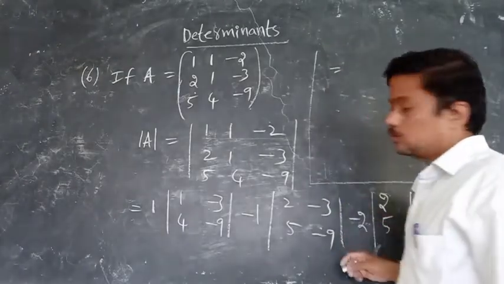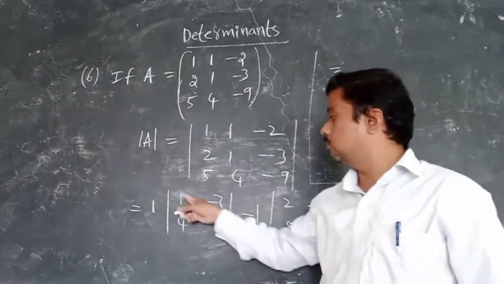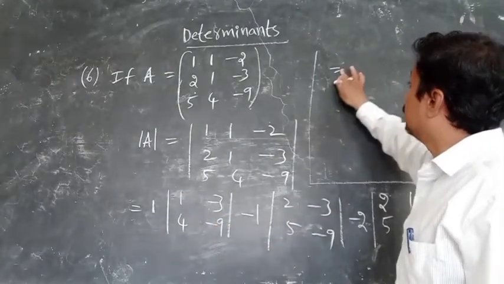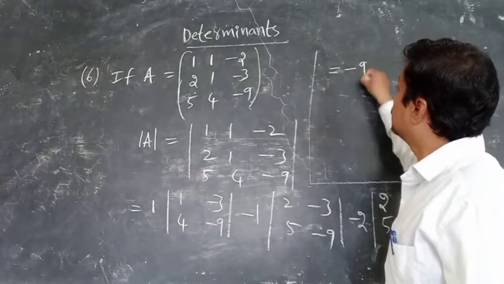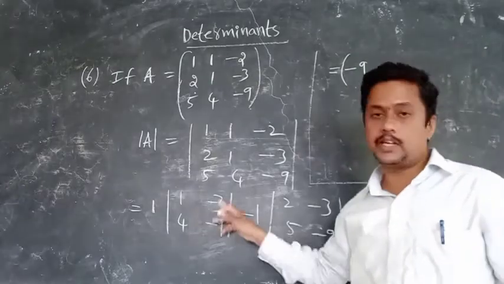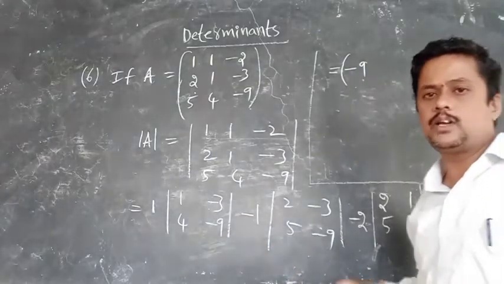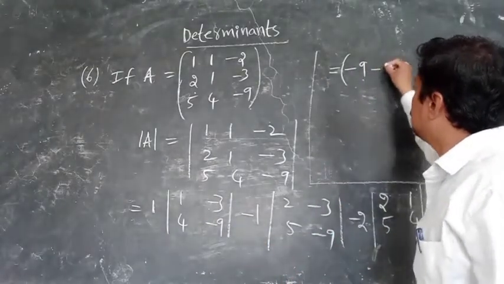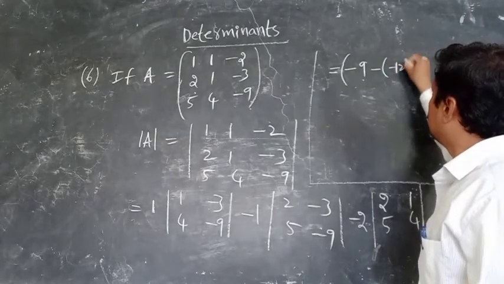It is equal to 1 into minus 9, 4 3s are minus 12, minus is there, minus of minus 12.